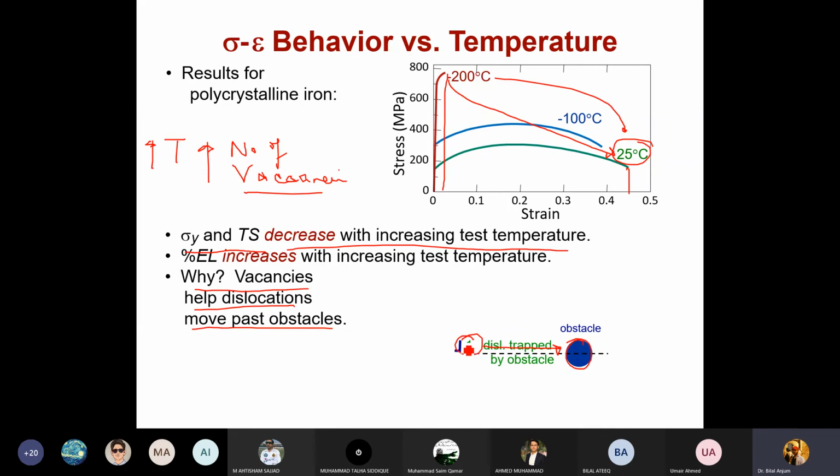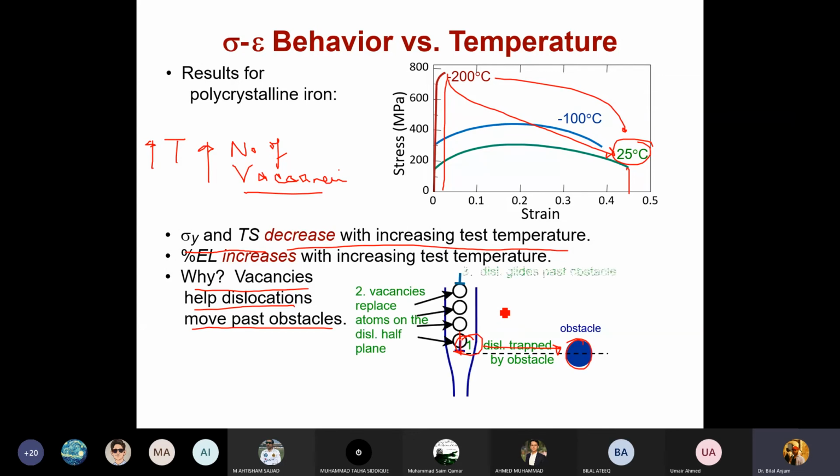So, if there is a dislocation over here and it has an obstacle in its path, the dislocation would get trapped due to this obstacle, which essentially increases its strength. But if we increase the temperature, what would happen is that the atoms which were over here would move away and create vacancies.